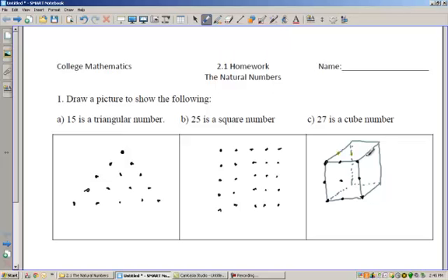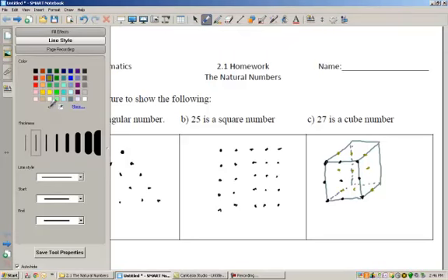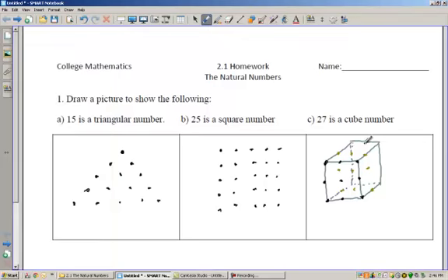So 1, 2, 3, 1, 2, 3, 1, 2, 3. That's the middle sheet of 9 dots, and then I have one more behind that. Let's pick a slightly lighter color than that one, maybe this peachy color here, and I make another sheet of 9 dots on the back face.